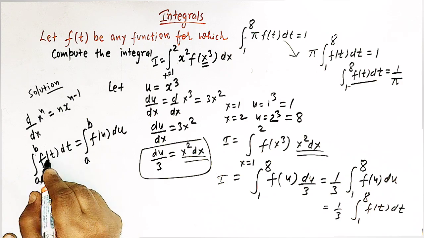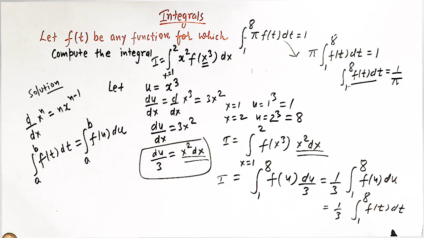So here we can change the variable. So here we have now 1 over 3, and we have changed the variable u to t.